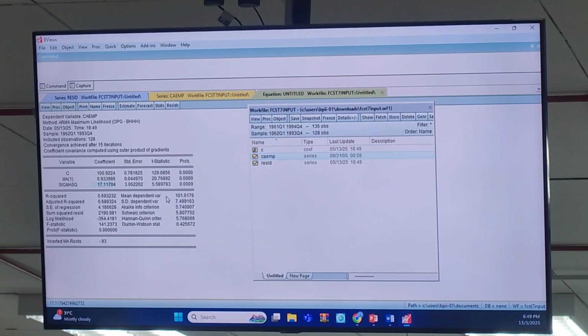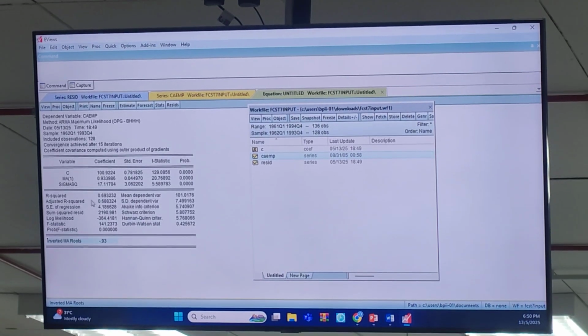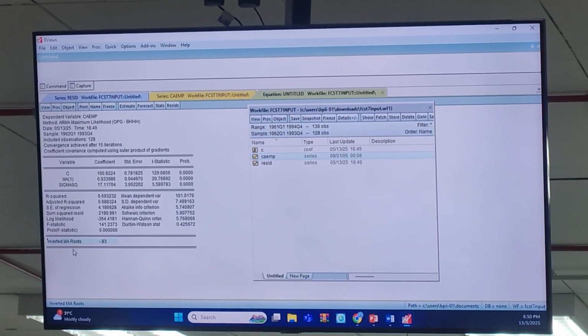So what do you need to check? Because this is moving average, there are MA terms, so you have to check whether it's invertible or not. You're already able to know by looking at the inverse of the MA roots. MA1 has only one root. The inverse of that root is negative 0.93, so it is inside the circle.